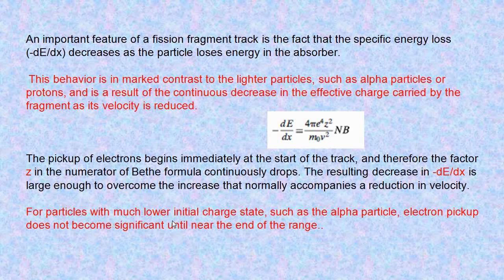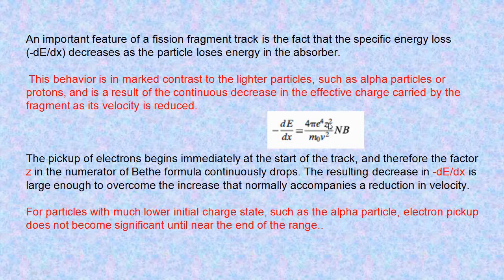For particles with much lower initial charge state, such as alpha particles, electron pickup does not become significant until near the end of the range. There, actually, your velocity is decreasing, so there will be an increase in this quantity that is known to us.